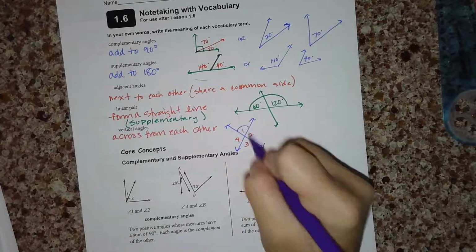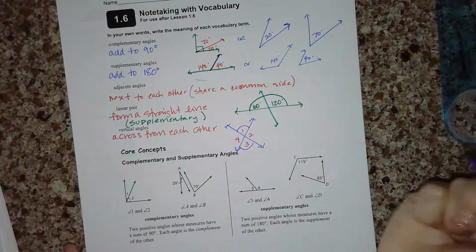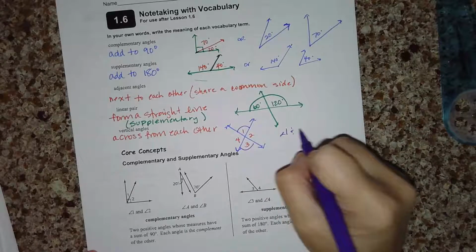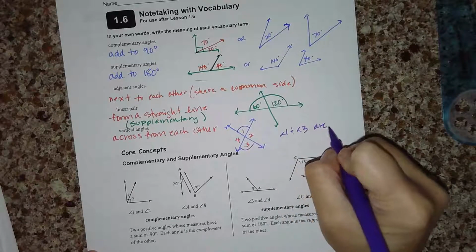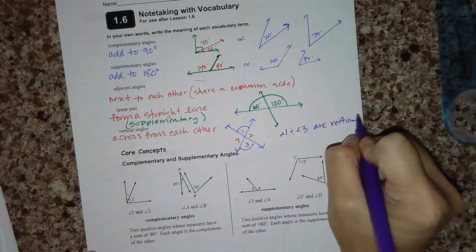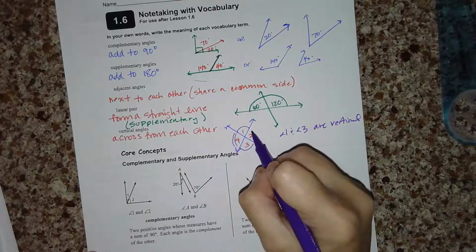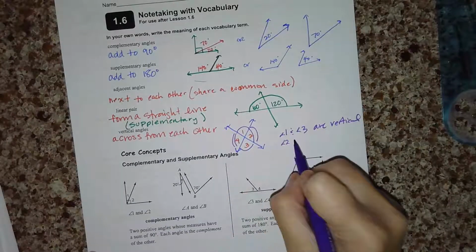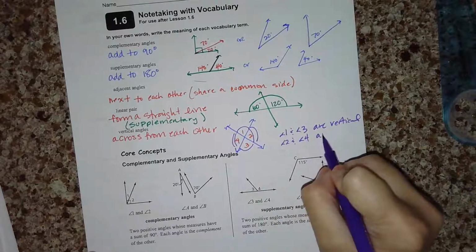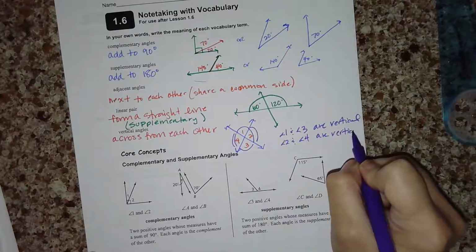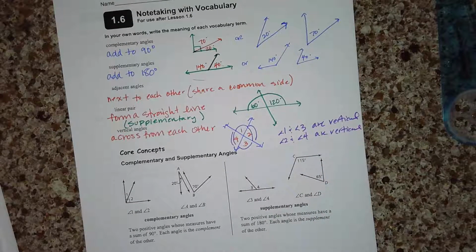So angle 1 and angle 3 are vertical, but so are 2 and 4.